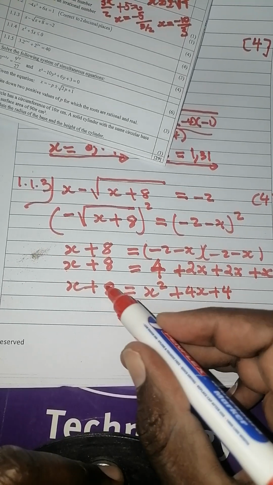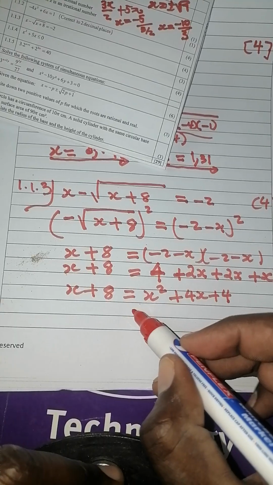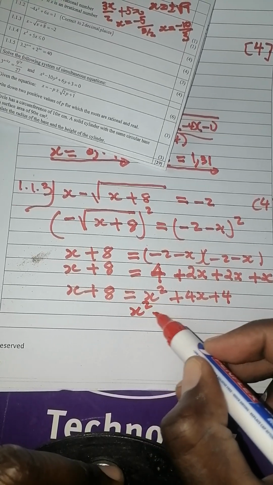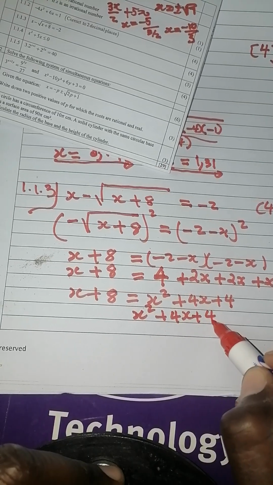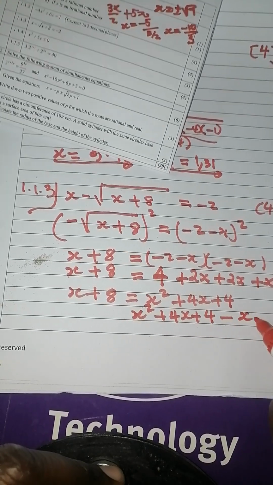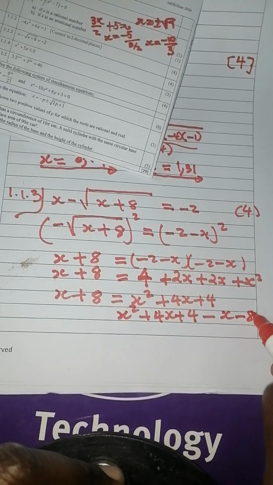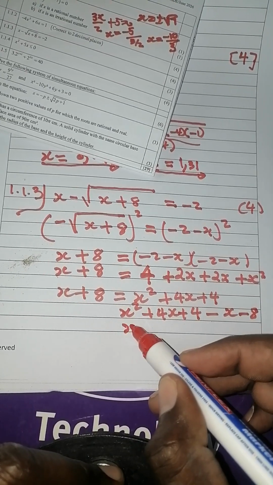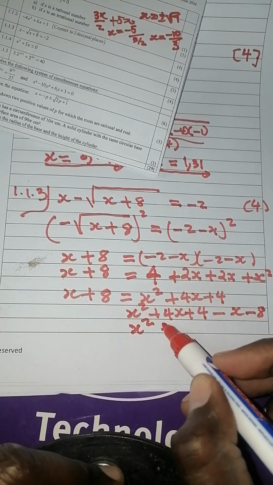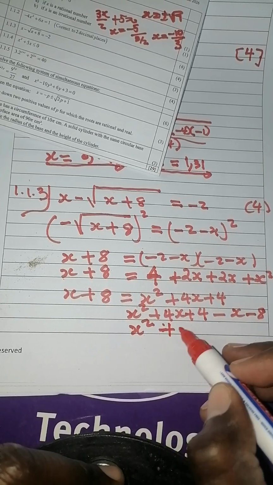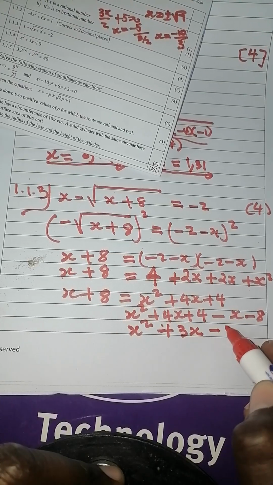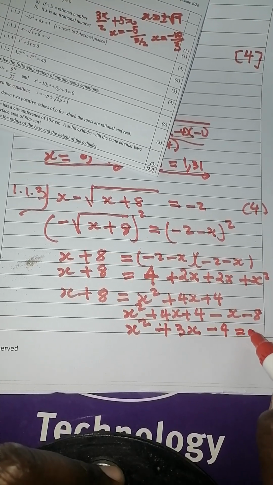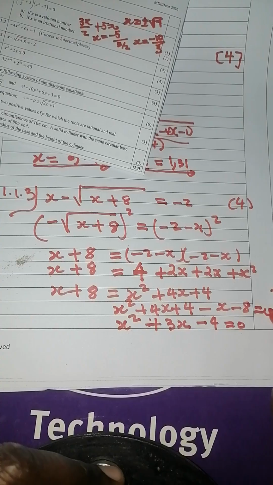Then you can take all this to the right hand side: x squared plus 4x plus 4 minus x minus 8. This will give us x squared plus 3x minus 4 equals 0, and also remember the equals 0 on this side.